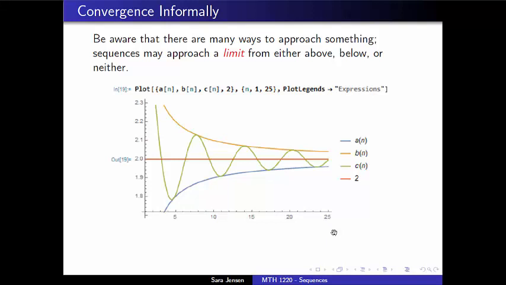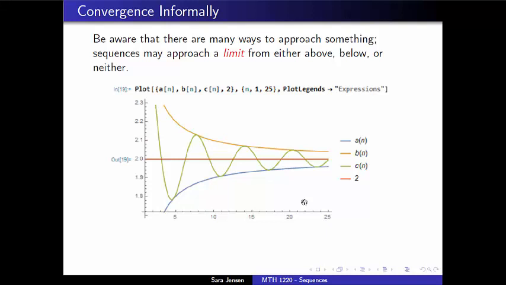Where things get very interesting is that it is still possible to approach a limit, but to sort of oscillate in the way that you do that. And that's what the sequence C of n is doing. The sequence C of n is actually approaching a limit of 2. It is true that as we go further and further into the sequence, the values that we're obtaining in the sequence are getting closer and closer to the limit. So this sequence is converging to 2, but it's not doing it nicely in the way that we often want to think about it.